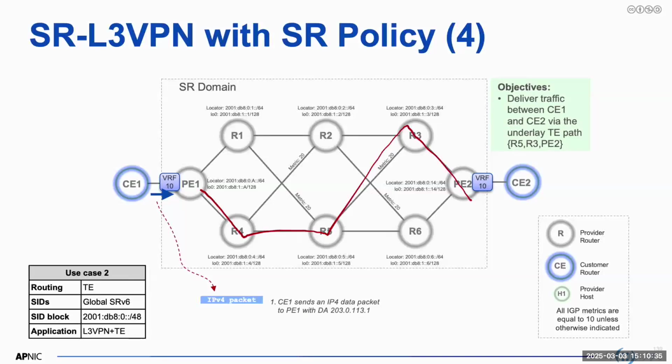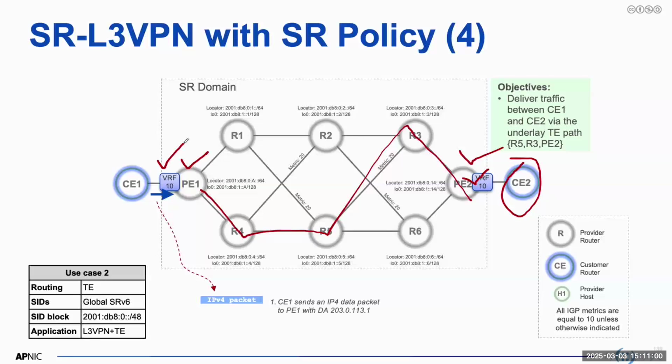When we say deliver traffic from CE1 to CE2 via the underlay TE1, P1 knows where the traffic needs to go because it has learned about CE2, since VRF10 is here and VRF10 is there.